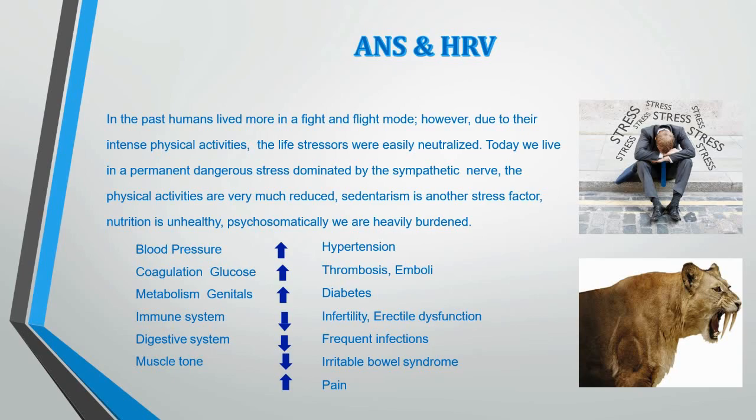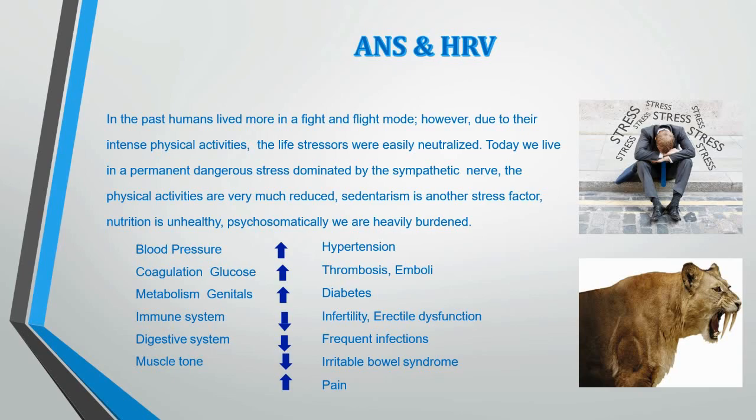Our nutrition is often unhealthy, and we have become psychosomatically very heavily burdened, therefore, which means that our blood pressure is too high, we develop hypertension, we have problems with coagulation and glucose, with our metabolism, with our genitals.